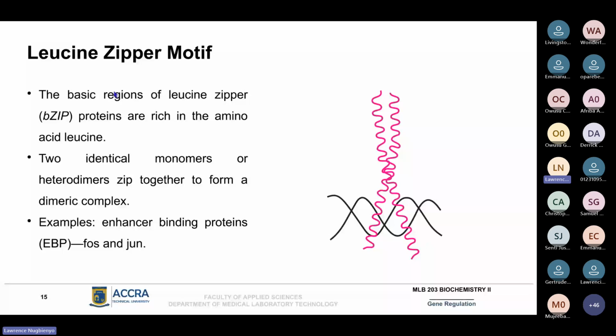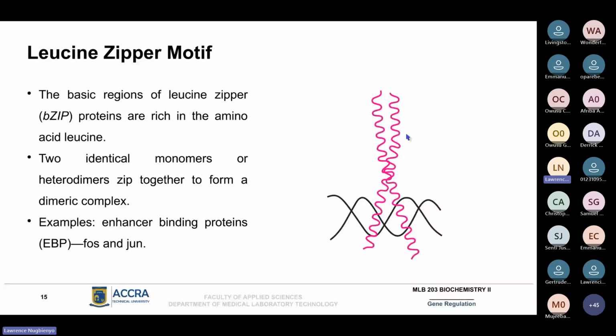So when you look at it, it looks just like a zip. You have these portions of proteins that are rich in the amino acid leucine. So you have the strand of protein, and then along the line you have a lot of leucine residues that are packed, and these form a structure looking just like a zip.